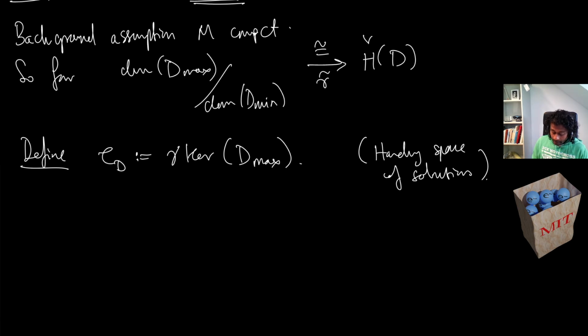However, there's nothing to assert that this space here that I've written, so this is certainly going to be a subspace of H check of D, but we cannot, from this consideration alone, claim that it is a closed subspace, right? Because dom D min is not necessarily contained in the kernel of D max. Okay, so we can only make such assertions about the nature of closed subspaces here being equivalent to the nature of closed subspaces here. But this somehow fits outside of that picture.